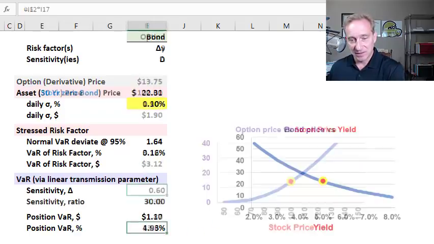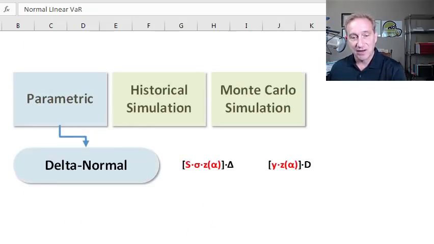And so finally, I did promise that we would go back now and understand the delta normal. The reason is that the delta here is acting as a synonym or proxy for any of the sensitivity measures. In the case of the option, this delta is accurate, but if it were a bond, it would be its duration. If it were an equity, it would be beta, right?